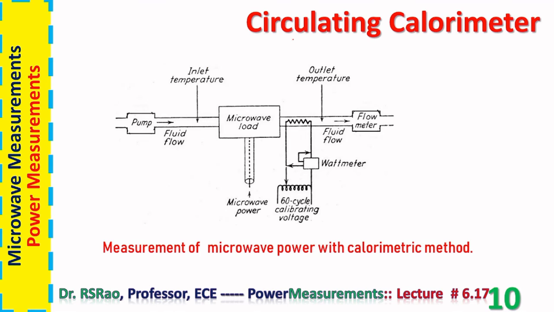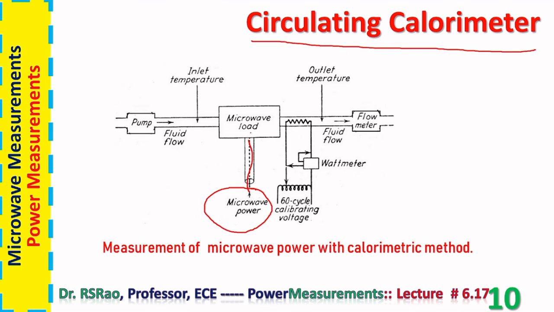Now we move to another calorimetric method, that is circulating calorimeter method. So this is the microwave power which we want to measure. It is supplied to a microwave load. So load generates heat. Some fluid is flown over the load.